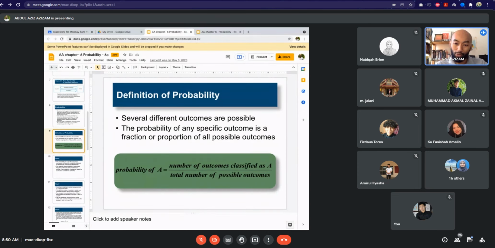Okay, you buat 100 kali. Ianya in total dia akan menghampiri, contohnya 49 you dapat gambar, 51 you dapat nombor, ataupun 43 you dapat gambar, 48 you dapat gambar, 52 you dapat nombor. Okay, dia akan menghampiri 50-50.